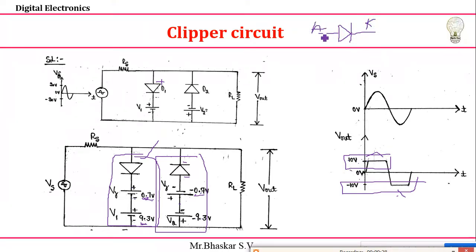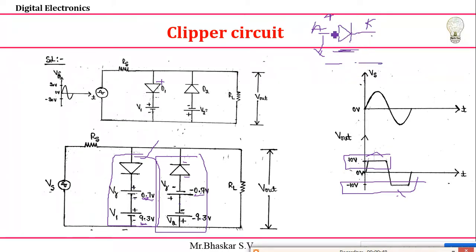If the anode voltage is greater than the cathode voltage, then only it is forward biased, then only it is a short circuit. If the anode voltage is less compared to the cathode, then it acts as reverse biased. That is a very important thing. Keep this in your mind.